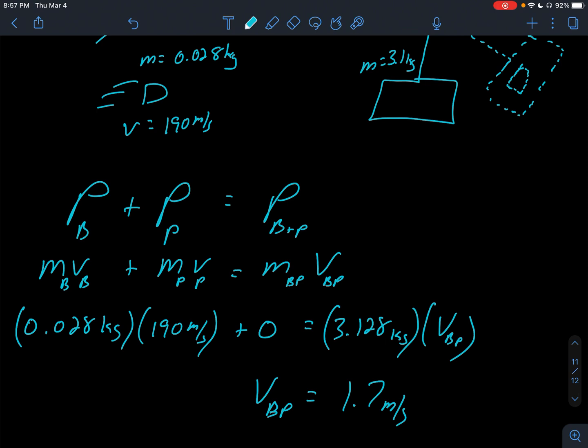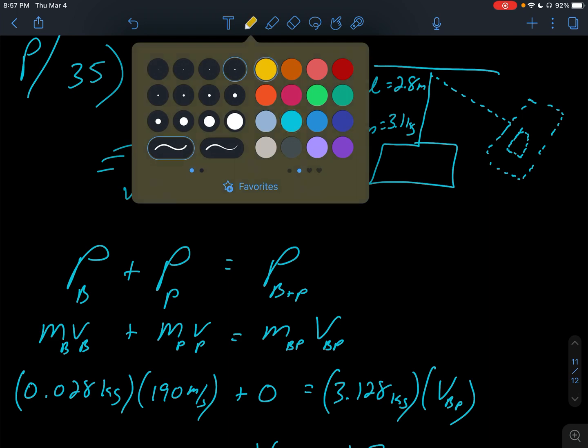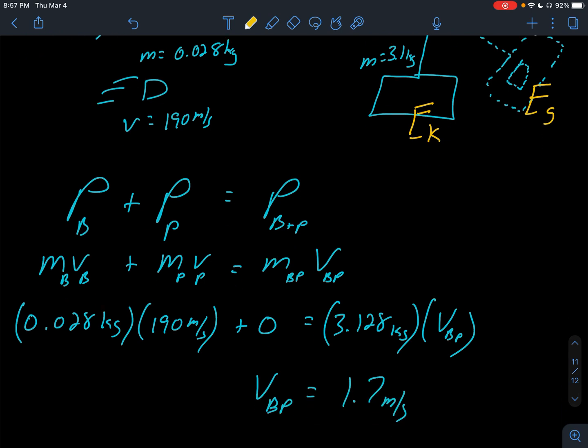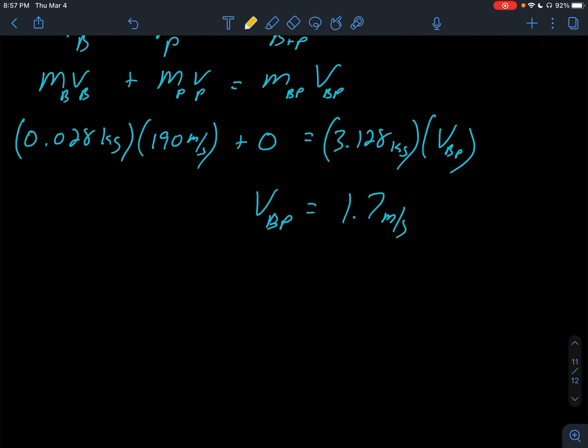Which is still kind of fast, right? It's like almost two meters in 1 second. So this thing's kind of moving. So we're going to look at the kinetic energy here going to gravitational here. So that's our next part of our problem.